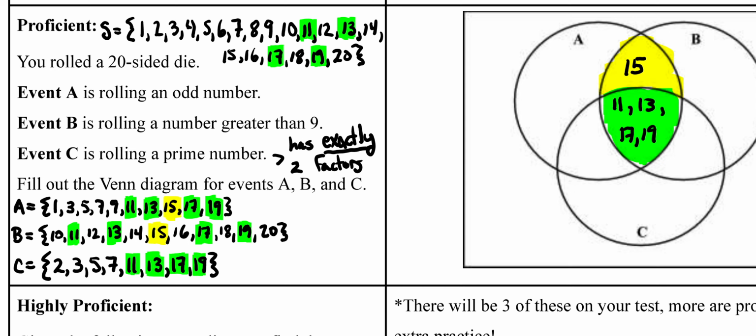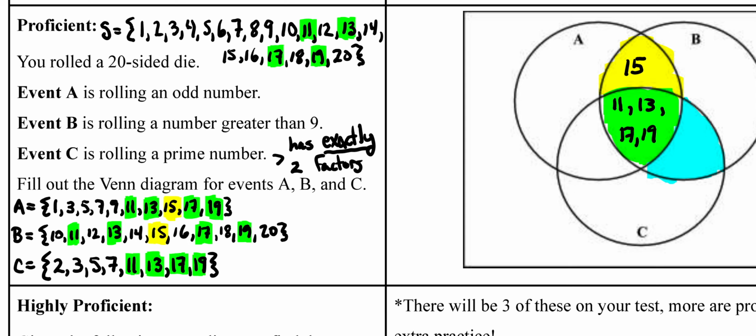And then let's go to those that are in B and C, but not in A. And let's mark B and C. So the only ones left here are 2, 3, 5, and 7, and none of those are in B. And so that means we're not going to put anything in B and C. We could say that that subset, we would call that empty.